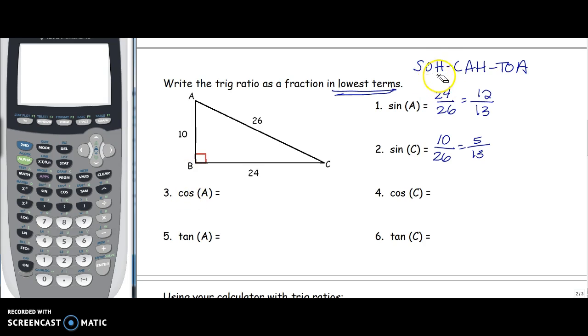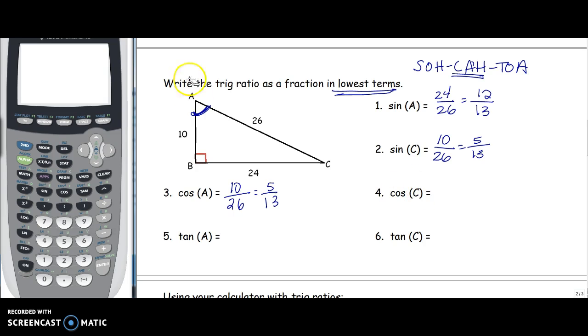So now we're going to look at the middle segment, which is adjacent over hypotenuse. So cosine of A, which our reference point is back here, is the side that forms the angle with the hypotenuse. So 10 is the adjacent and 26 is the hypotenuse. And this simplifies to 5 over 13.